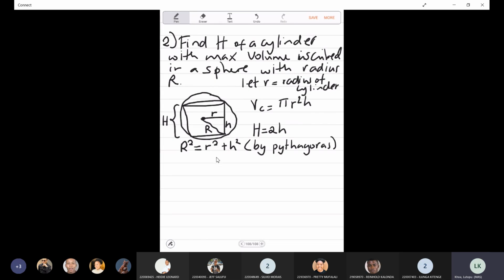Like I said, this equation over here involves 2 variables. We only want one variable, and the variable we want is h because that is the one we're trying to maximize. So we can use this one to come up with another equation that involves h.